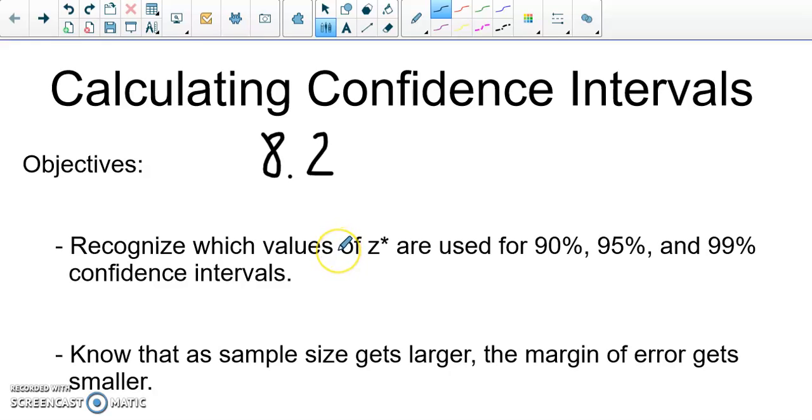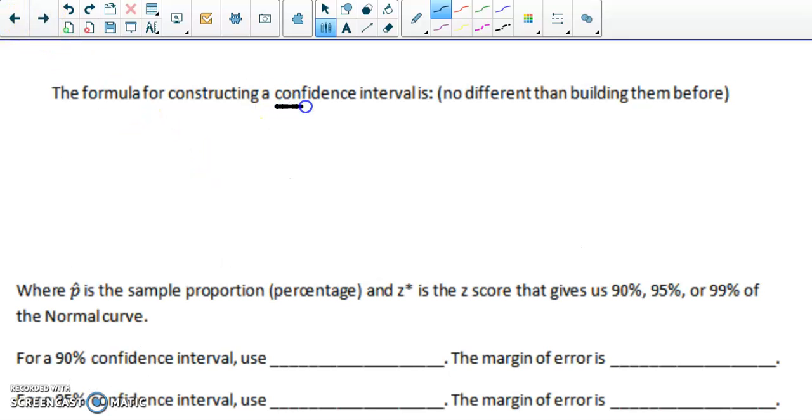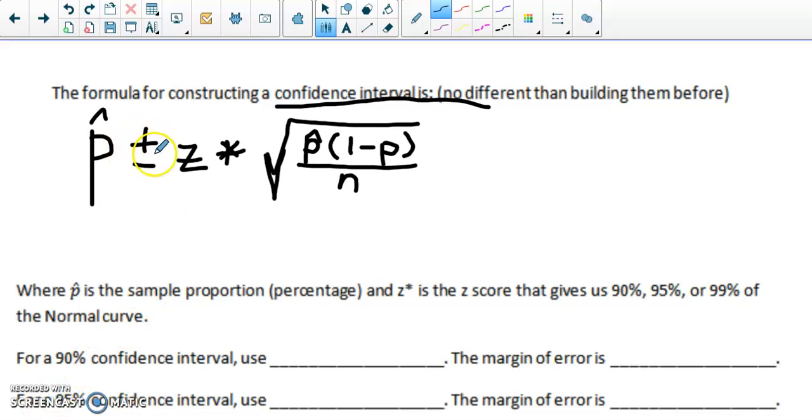Calculating confidence intervals is the second section of Unit 8. Therefore, constructing the confidence interval is p hat plus or minus z, where z is the z-score associated with the confidence level you want.